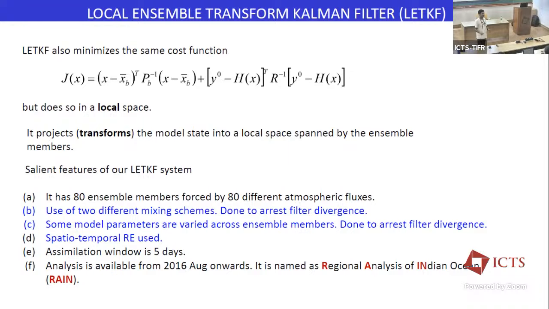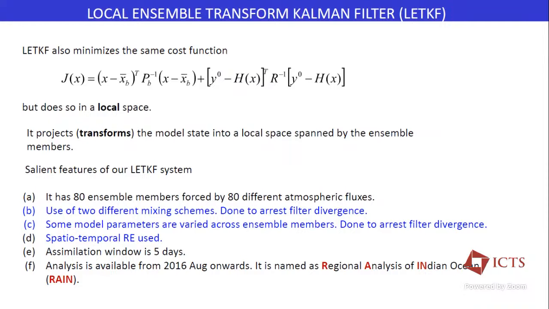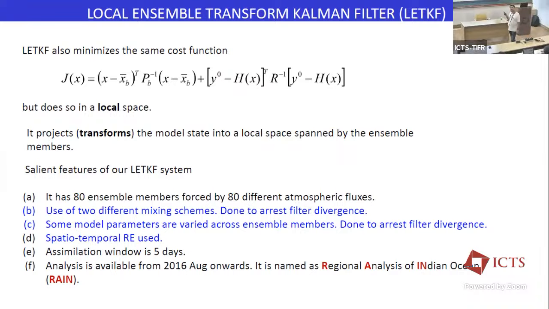So what happens is that all these ensembles collapse and become identical to one another. So what happens when this ensemble spread becomes very small? We've gone through that. Your model error variances become very small. We talked about observation error covariances and model error covariances.